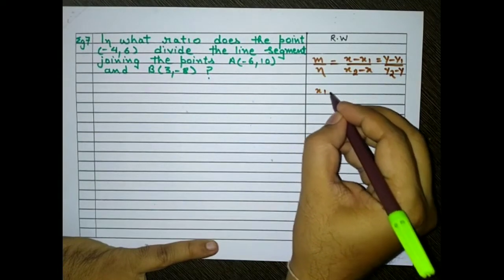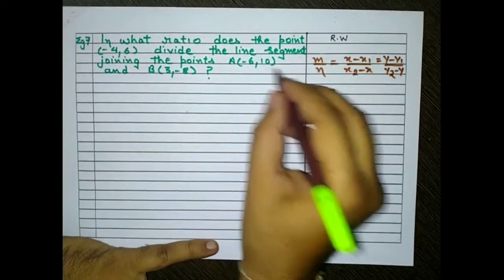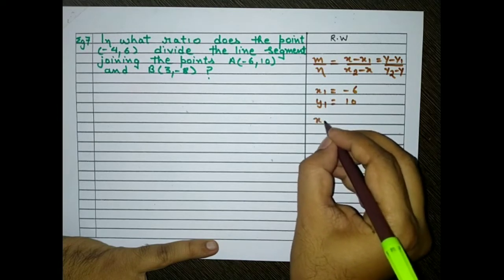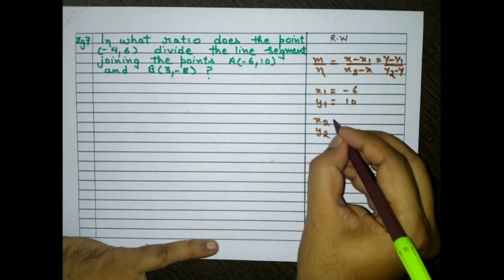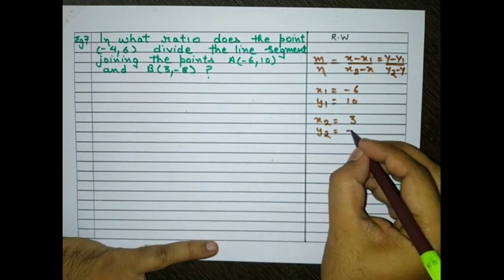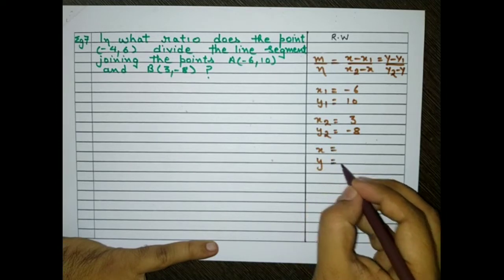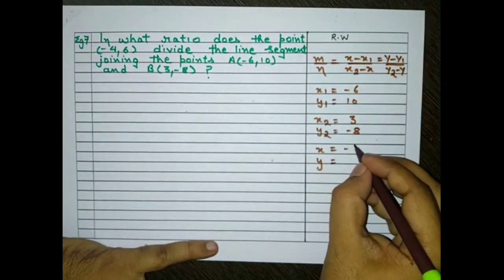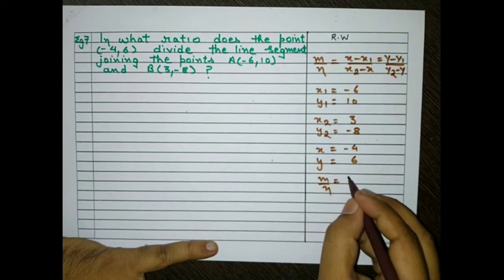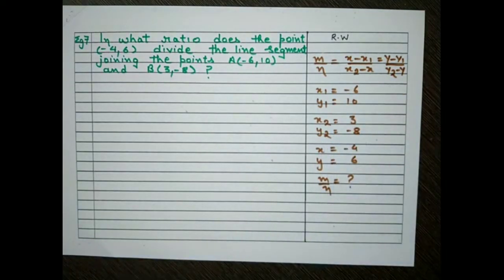Now here, let us first write down the value of x1, y1, that is -6 and 10, the first terminal point, x2, y2, the second terminal point as 3 and -8, the point which divides the line segment is x, y, that is -4, 6, and we need to find m over n. So we will use only this part of the expression.